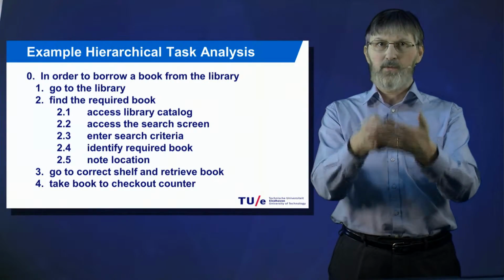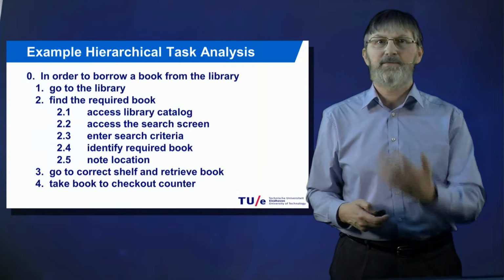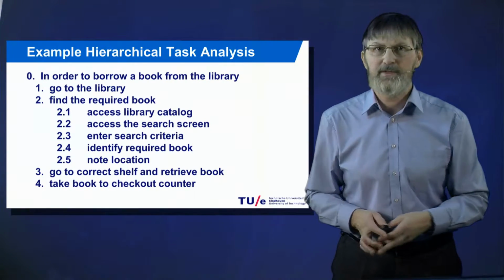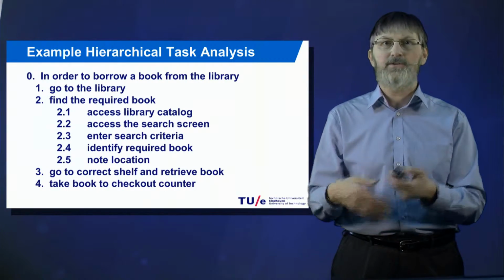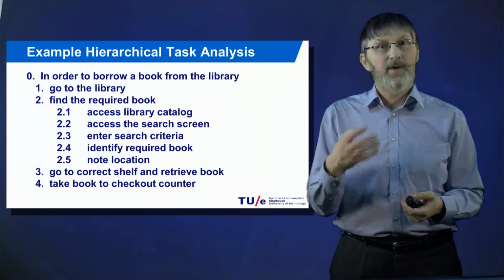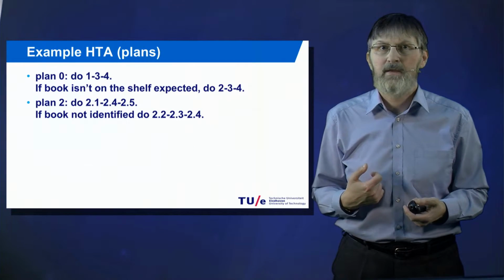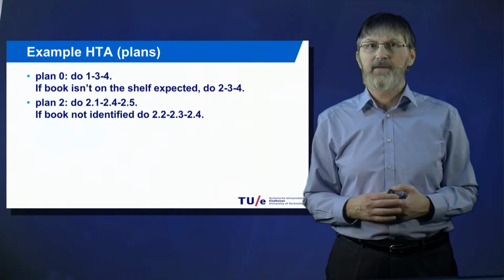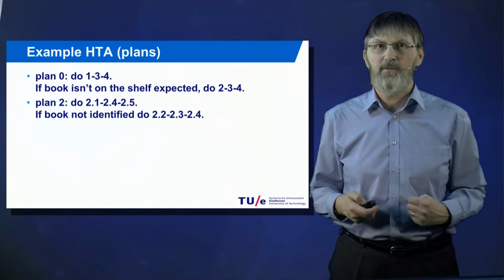Each of these steps consists of a number of sub-steps. To find where the book is, there may be 5 sub-steps here that have to do with accessing the library catalog, and searching and finding where the book should be in the library. But finding the required book could also be done in a different way. So there are maybe different plans. If you borrowed this book before, then probably you know where it is.